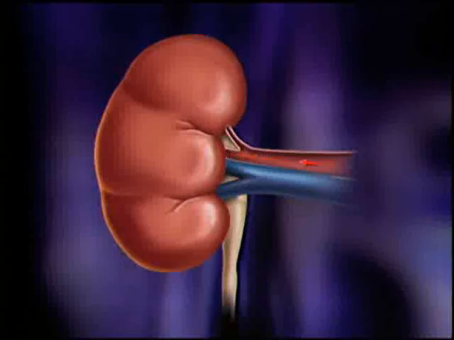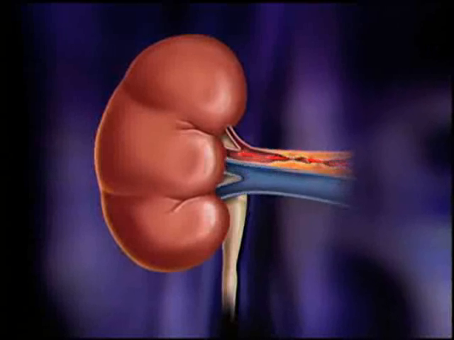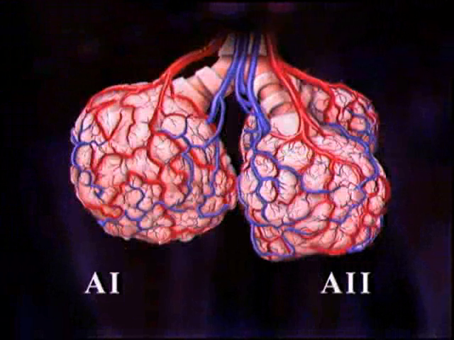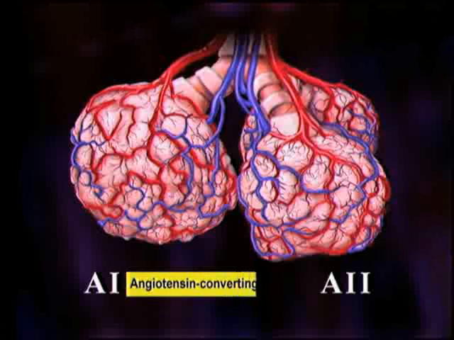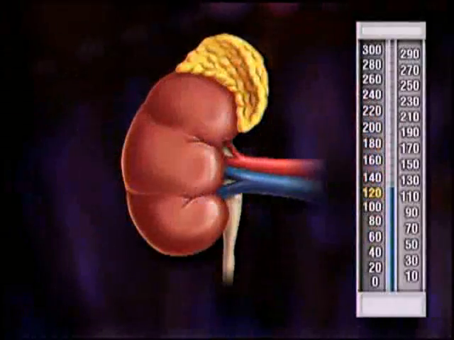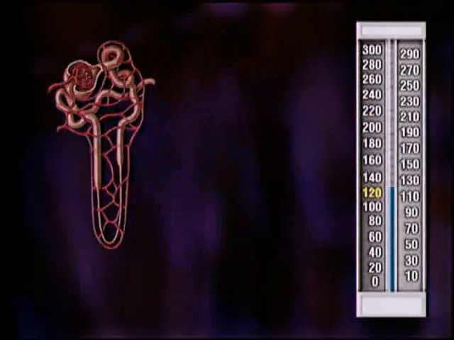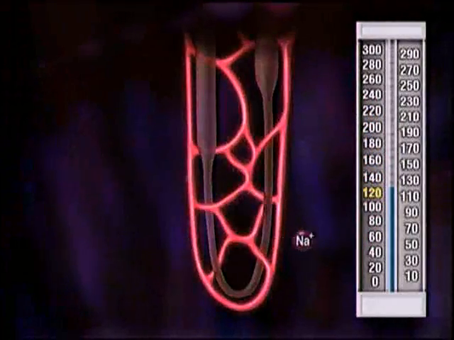The narrowed renal artery slows blood flow to the kidneys, which triggers the release of renin. This activates the renin-angiotensin-aldosterone system, which produces the end products angiotensin II and aldosterone. Angiotensin II causes vasoconstriction.